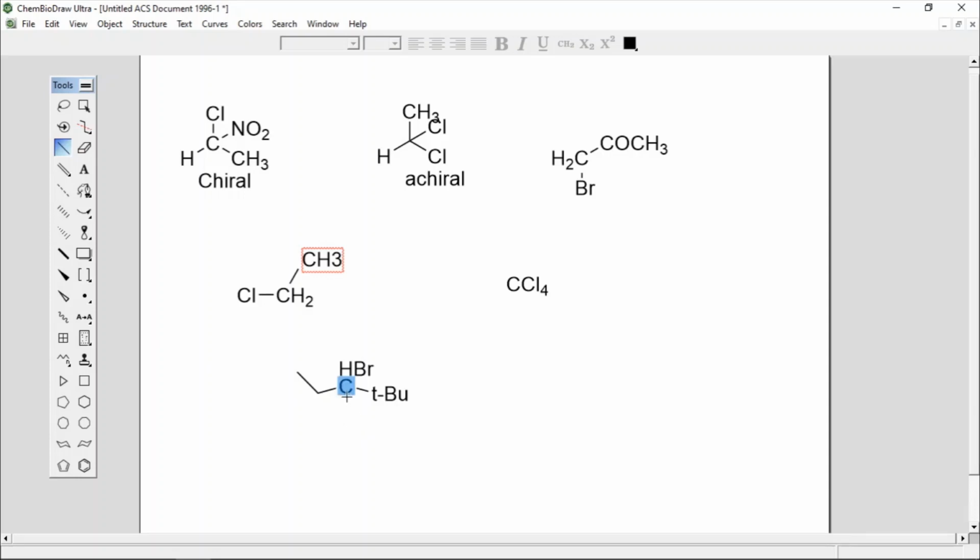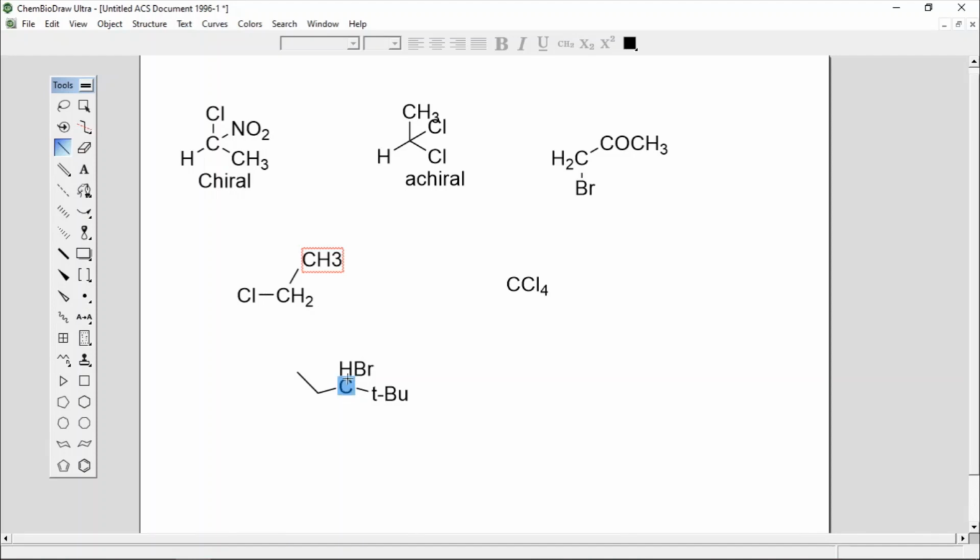Now what about this carbon? Whether it is chiral or achiral? It's a chiral carbon.